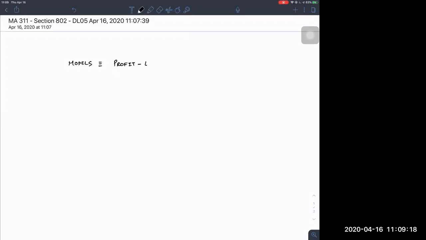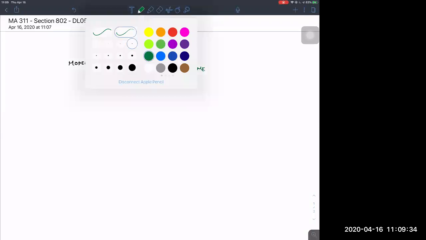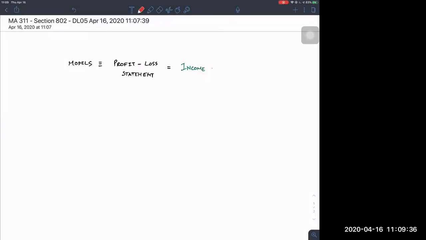Profit loss statement, which in turn is equal to things that make you money, aka income, minus things that cost you money, even though they could hypothetically make you money in the long run, but they don't provide you any kind of liquidity in the moment, right?